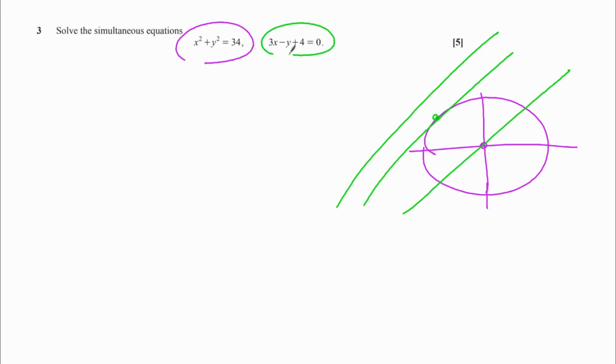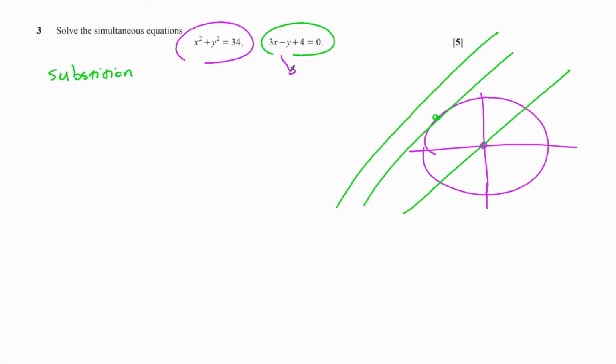But when we have a quadratic plus a linear equation to solve simultaneously, the best method is substitution. We find x or y, normally from the linear equation, and replace it into the quadratic equation.